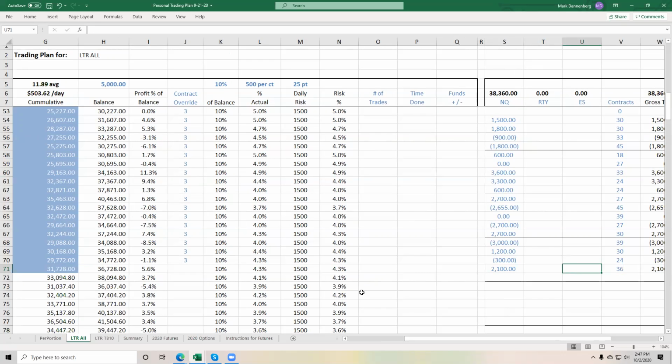So that accounts for the fees and commissions associated with your trading. Today we took 25 points at $20 a point is $500 on 3 contracts, so $1,500. And again, we had 12 trades, 3 contracts per trade is 36 contracts.